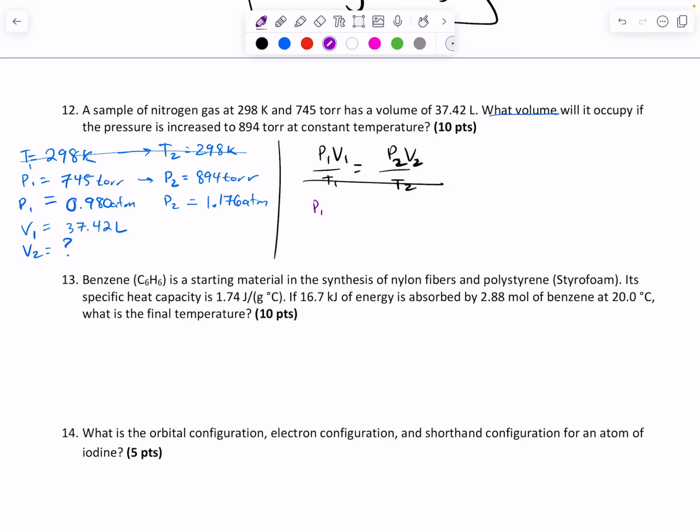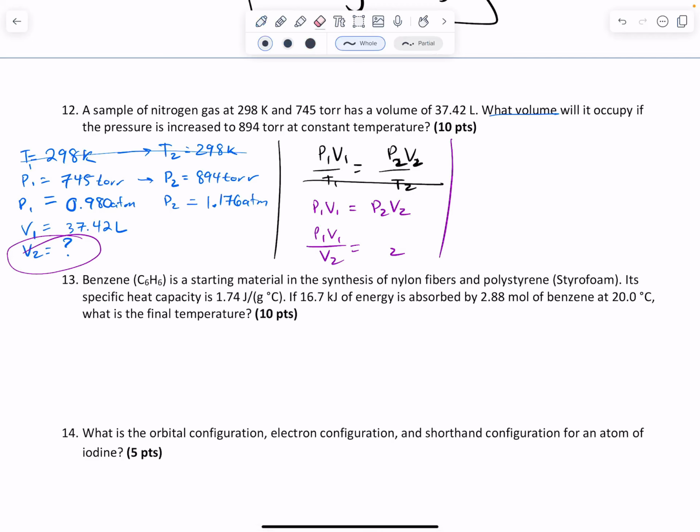So I'm left with P1 V1 equals P2 V2. And I need to solve for what I'm looking for, which is V2. So V2 equals P1 V1 over P2. And now I can come over here and I can solve. Whoops, I did the wrong direction. I'm looking for V2, so that means this one should be P2, and this one's V2.